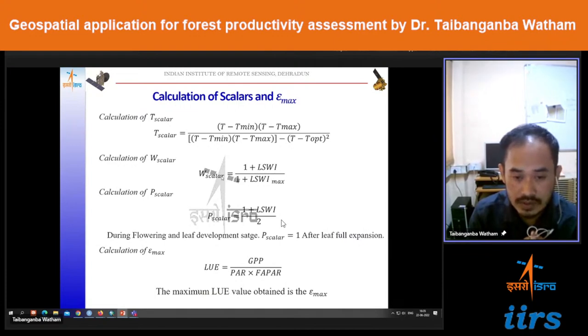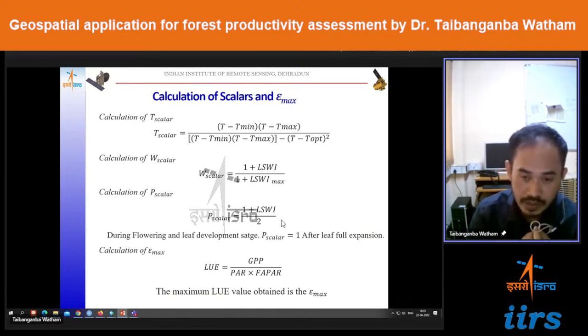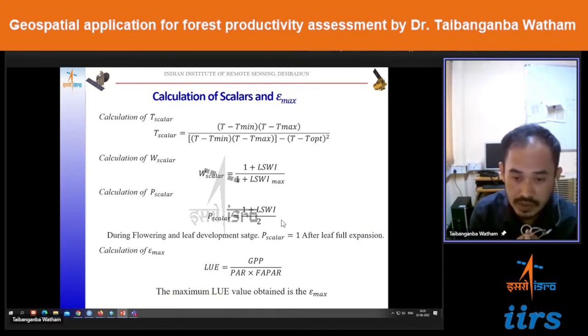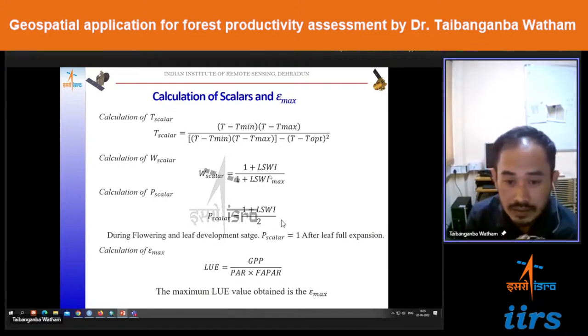For the water scalar, we can use the LSWI value. From the satellite data, we can calculate the LSWI. LSWI is nothing but NIR minus SWIR divided by NIR plus SWIR. It is a simple equation like the NDVI, which is NIR minus red divided by NIR plus red. So instead of that, we will use LSWI.